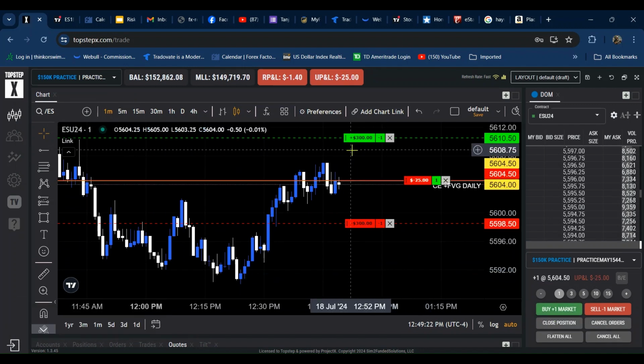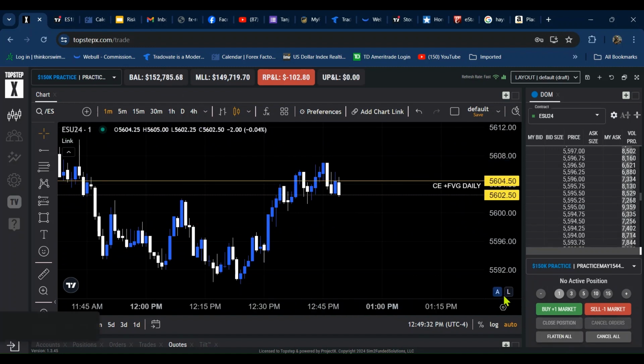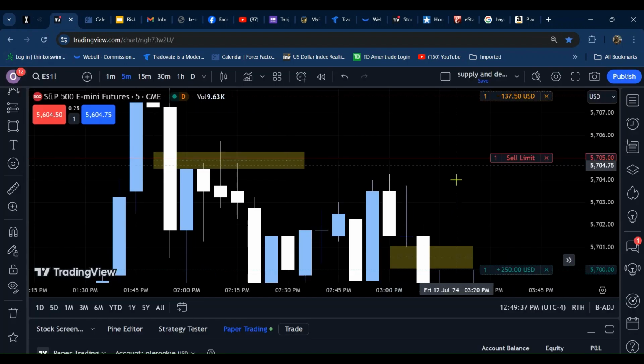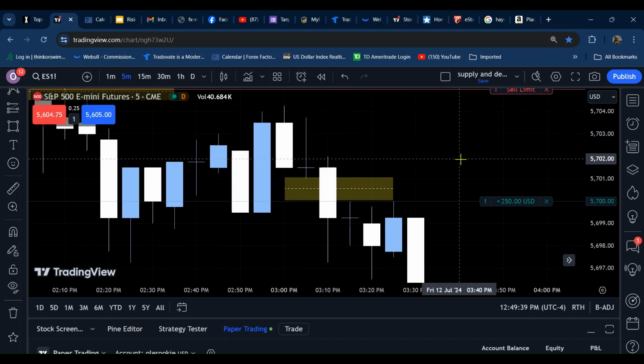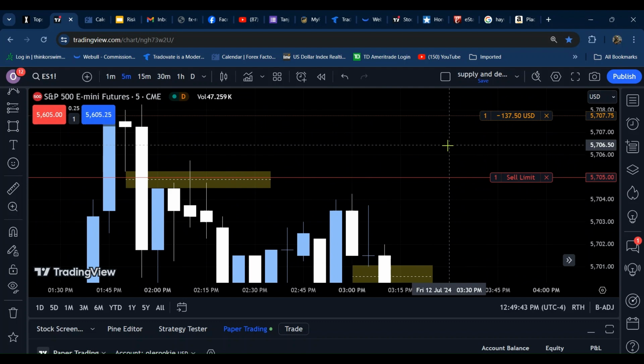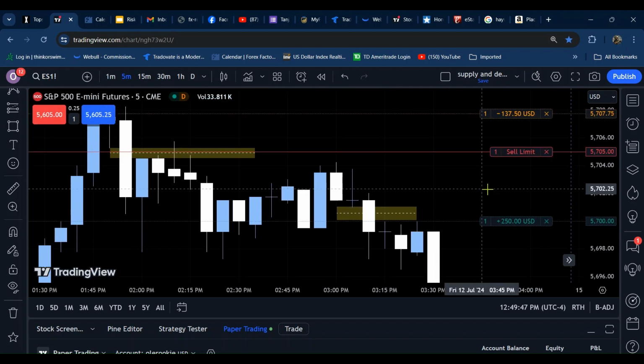I wish they would do that in TradingView, but I haven't figured out a way to get them to do it. So I'm not going to keep that order on there. But it's okay. You can just drag them just like I did just now.